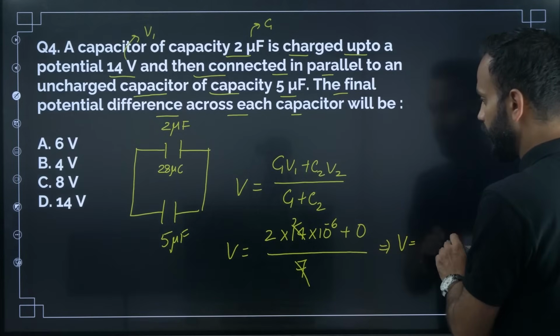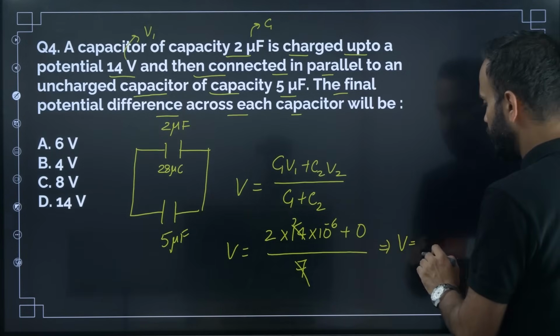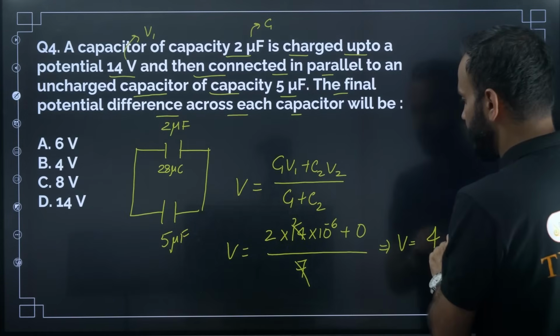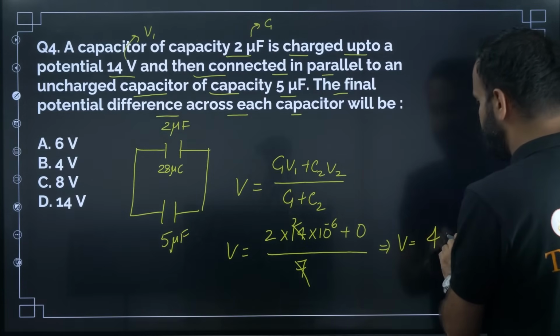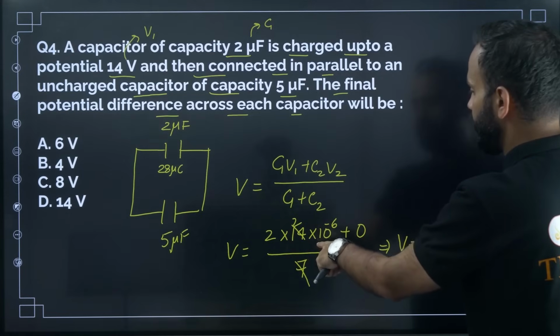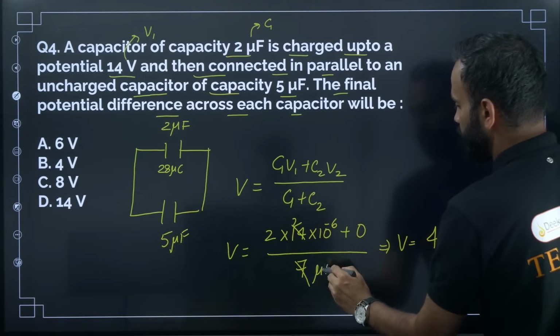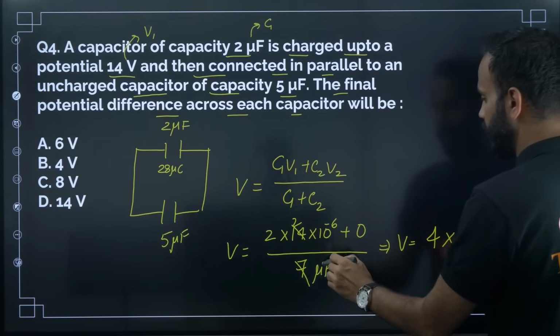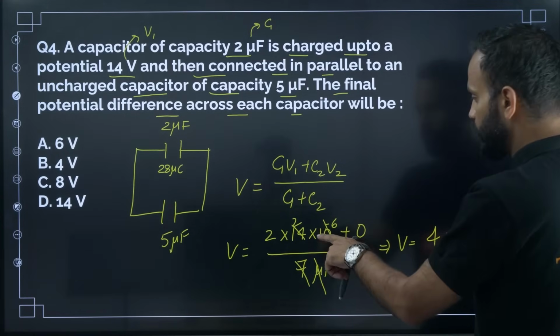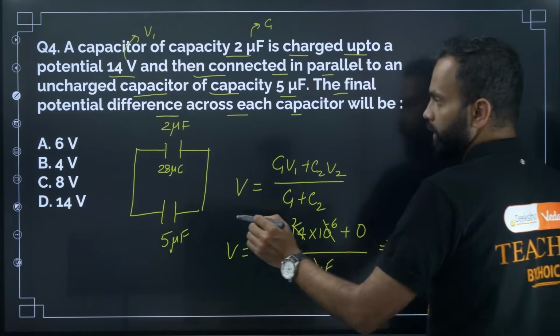So the common potential V is equal to 4 into 10 to the power minus 6 microfarad. Here 10 to the power minus 6 will get cancelled, so this will be 4 volt.